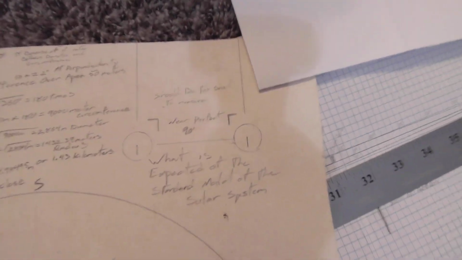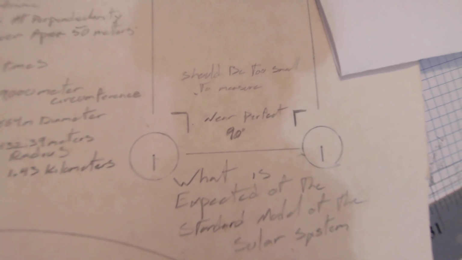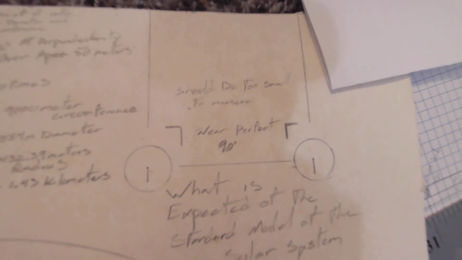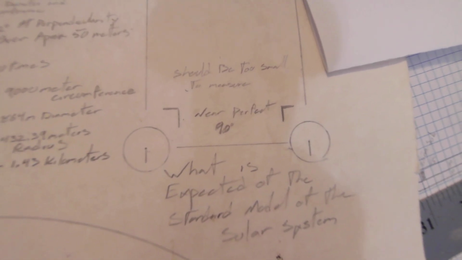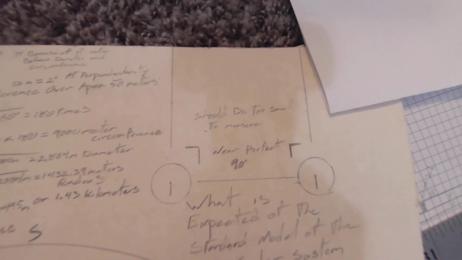So what we're looking for, actually, what we're looking for is this, but this isn't what we found. This is what we're told should be found, because we're told the sun's 93 million miles away, and it should look like this at 50 meters.